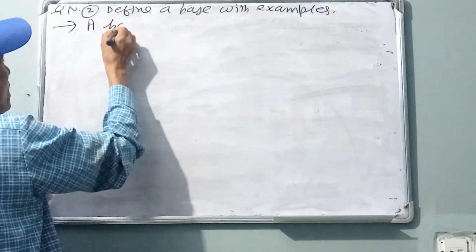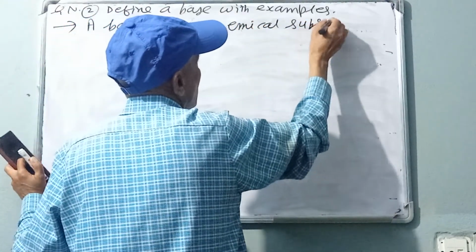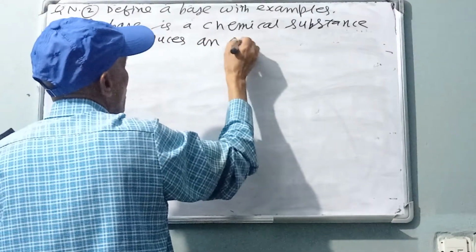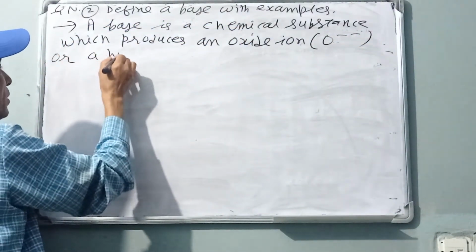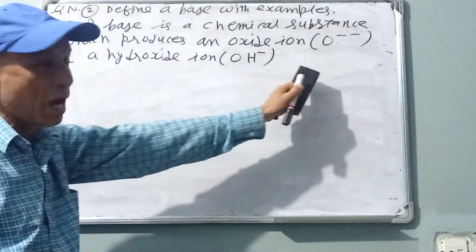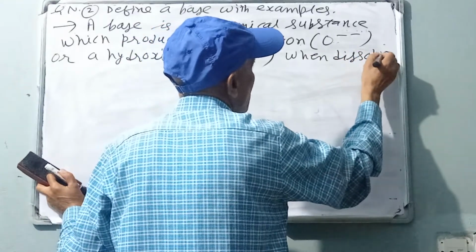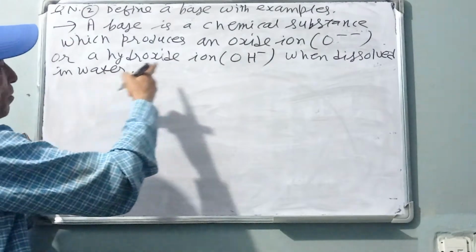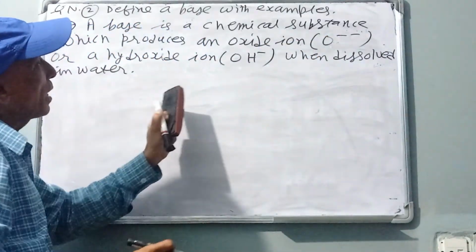You can write base in Nepali as bhasma. A base is a chemical substance which produces an oxide ion, O minus, either oxygen ion or hydroxide ion, OH minus, negative charge, when dissolved in water or any aqueous solution. Not only water: when placed in water or any aqueous solution, whatever gives hydroxide ion or oxide ion is called a base.